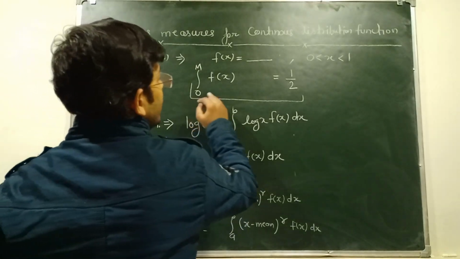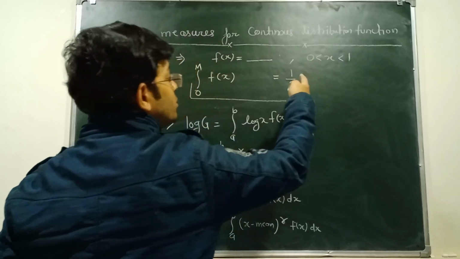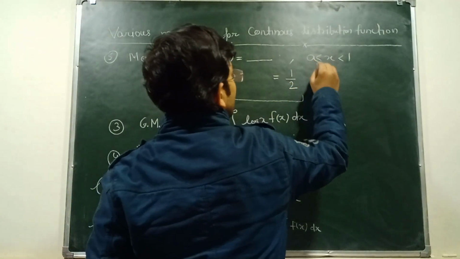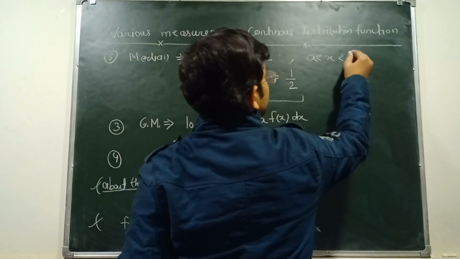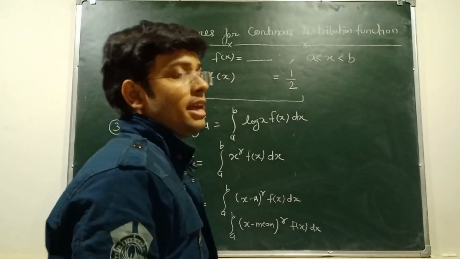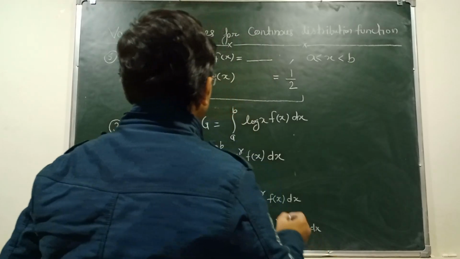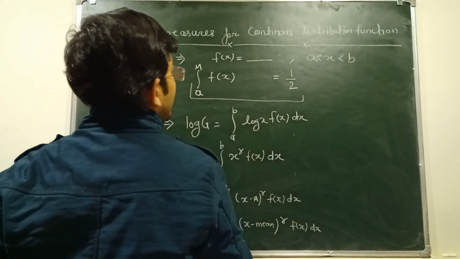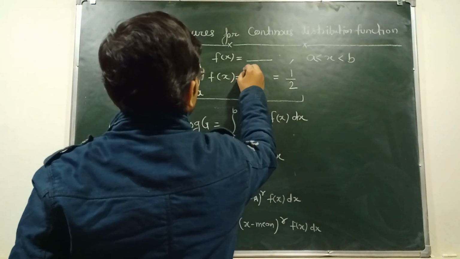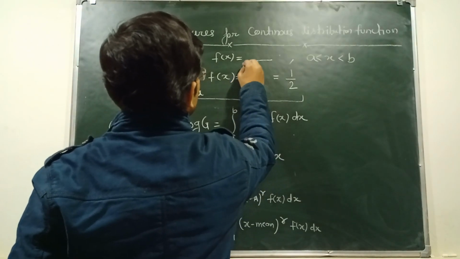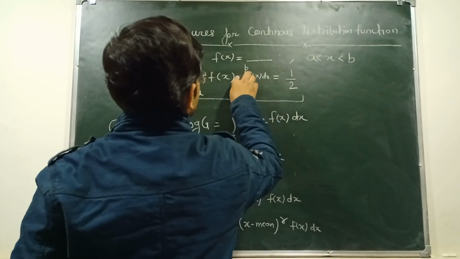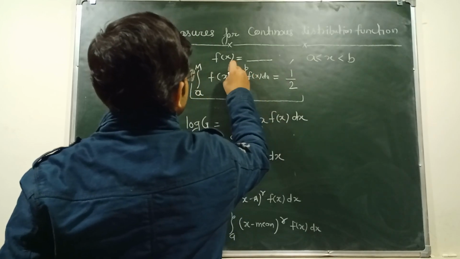Here, suppose that the limits are a and b, a to b. In this case we can write a to m and also m to b of f(x) dx.